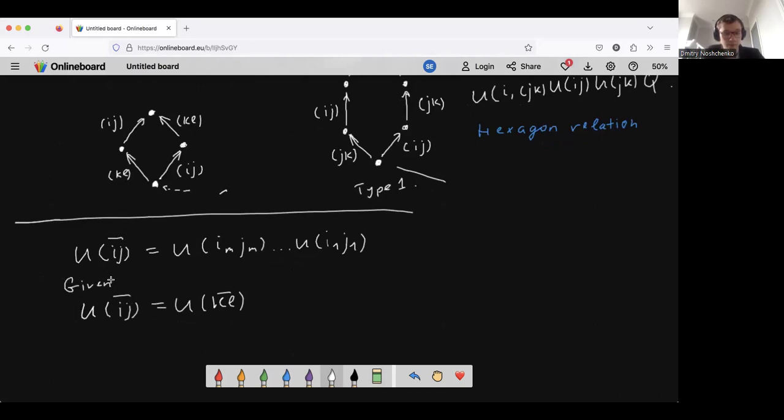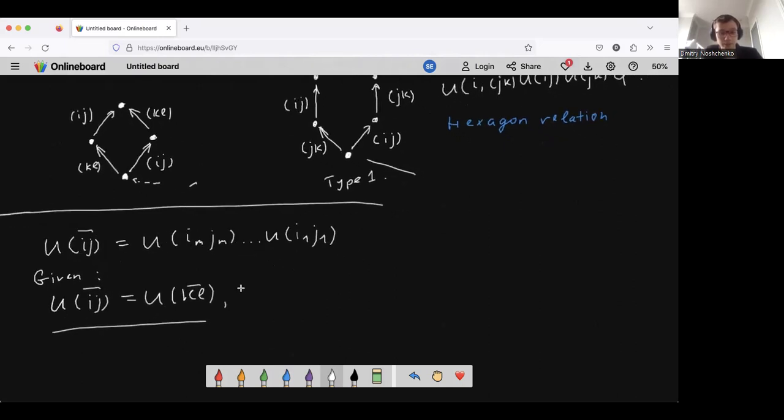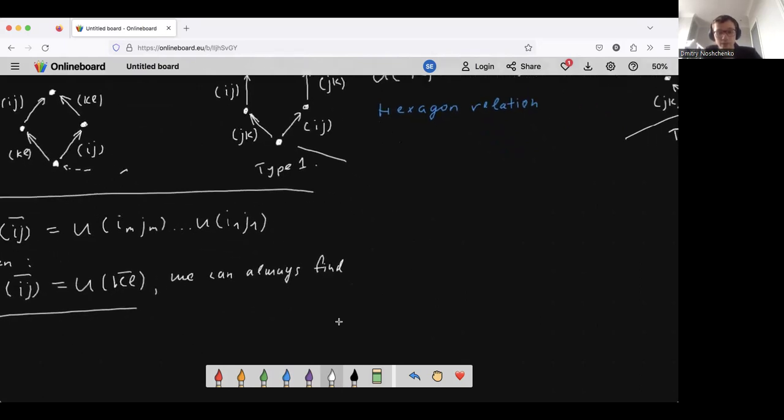Given a relation uij equals ukl, where ij and kl are sequences, we can always find a sequence of square and hexagon moves from the first sequence to the other sequence, from uij to ukl.